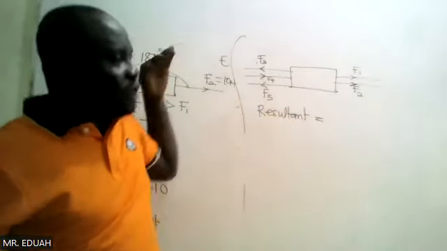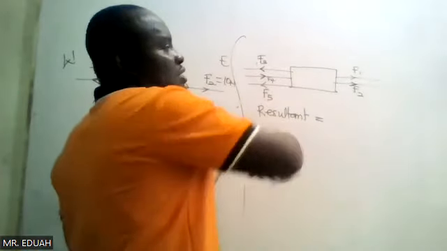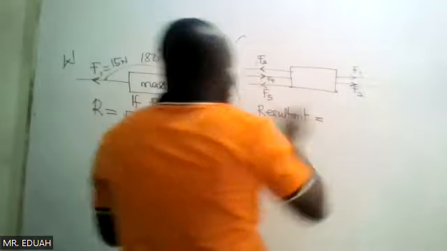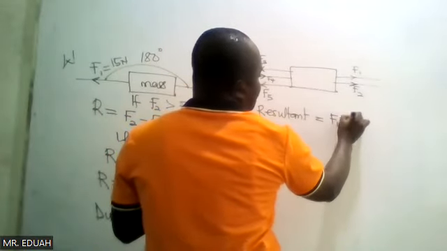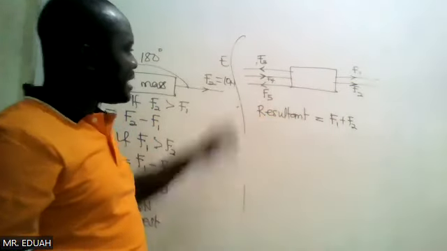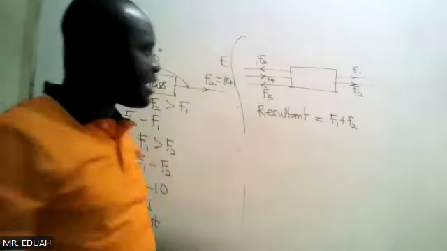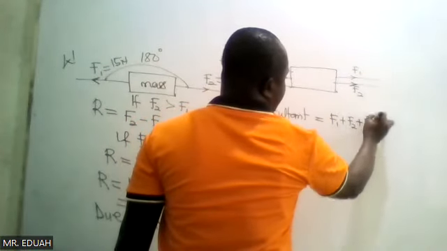Identify all of them pointing to one direction. Sum them up. So let's look at those forces to my right. F1 is to my right, so F1 plus F2. Then let's come to the other side. This one is also to my right, F4. So plus F4.